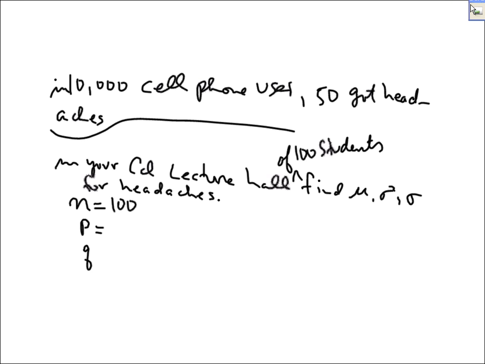Well, we're going to have to assume that the information on top is correct. Out of 10,000, 50 got a headache. If I can kill off a 0 on top and bottom, I have 5 over 1,000. 5 goes into 5 one time, goes into 10 two times.